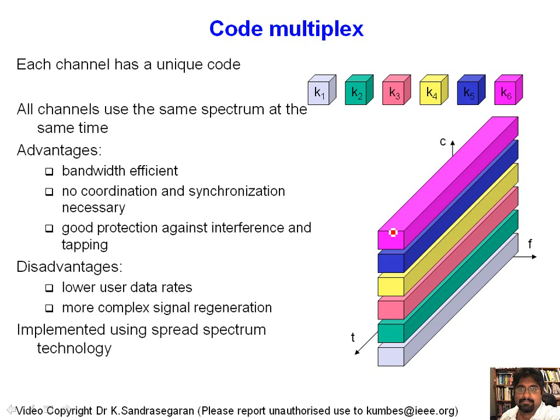The only coordination you need is to know the codes being used by a user. It also provides some protection against interference and tapping, because unless you know the code, you won't be able to listen to the communication.